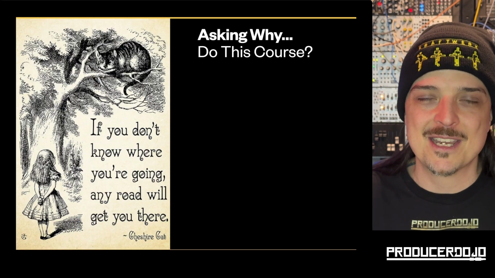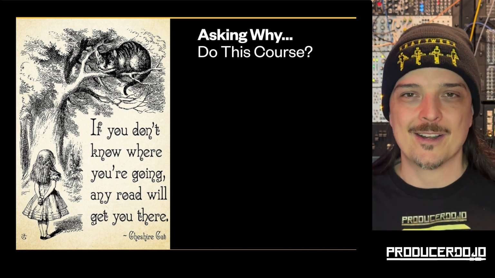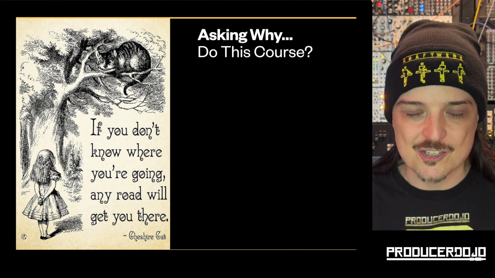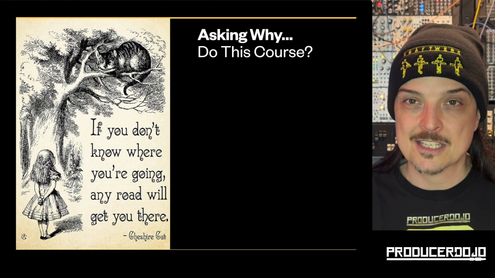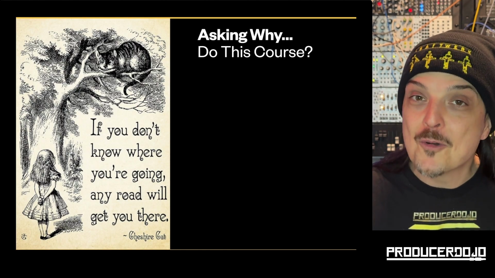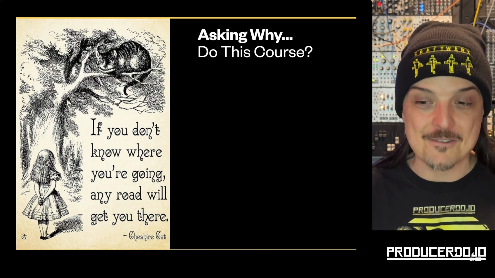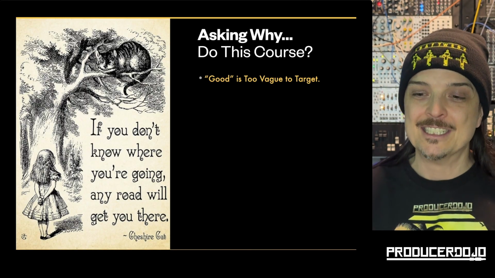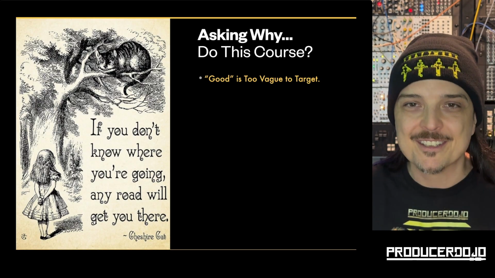Well, there's this amazing moment in Alice in Wonderland where Alice is getting her bearings down the rabbit hole, and she asks the Cheshire Cat which road she should take. And the Cheshire Cat says, "If you don't know where you're going, any road will get you there," which is very true. So this is what happens when you just target trying to be good, right?